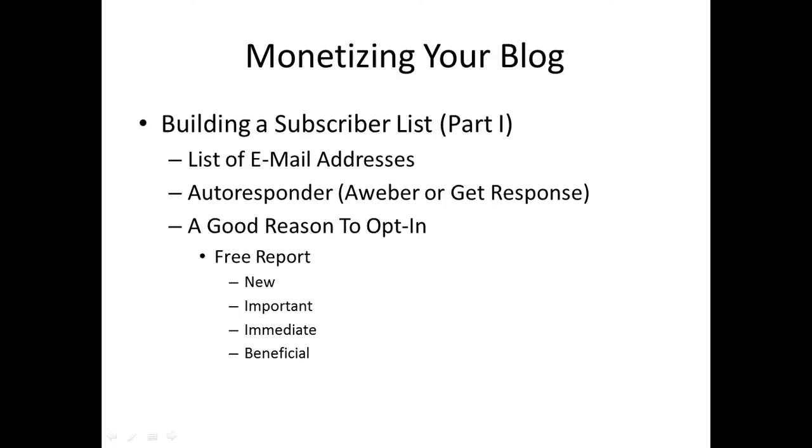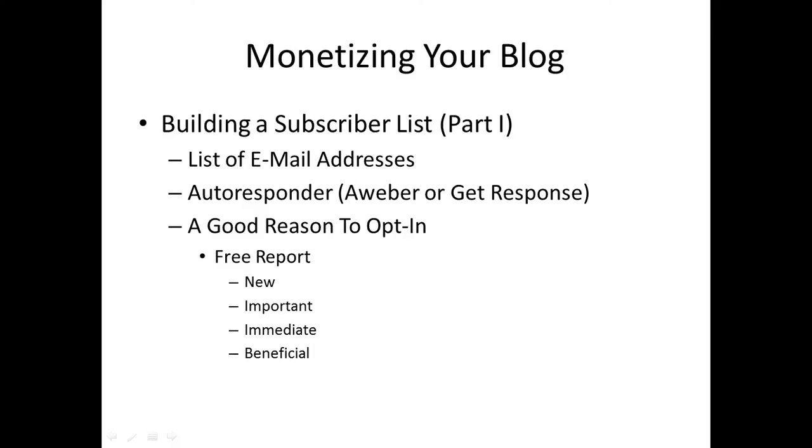Now, there are several ways to monetize a list, but one of the ways in which you want to think about this is that when you have a list of names and email addresses, every time that you create new content, you can literally send thousands of subscribers to see your actual post and to react to it.